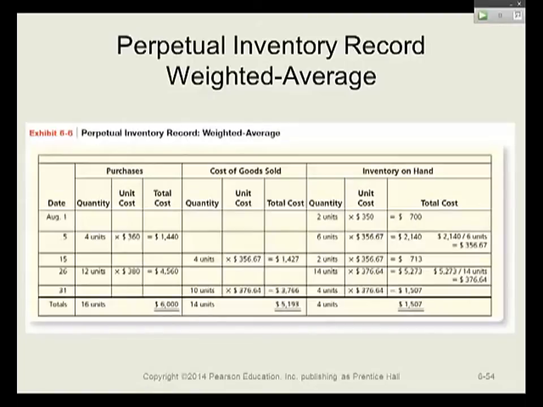Here we go. I purchased the 4 units at $360, and now if I look at my average cost, how do I get it? My average cost is the sum of the total cost in inventory. So I've got $1440 purchased, add that to the beginning inventory, so my total cost of goods available at this point, let me come in a little closer on this one.